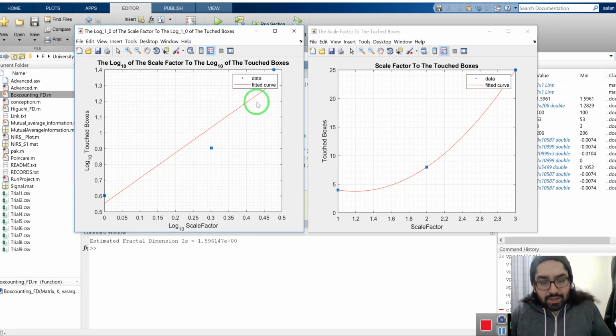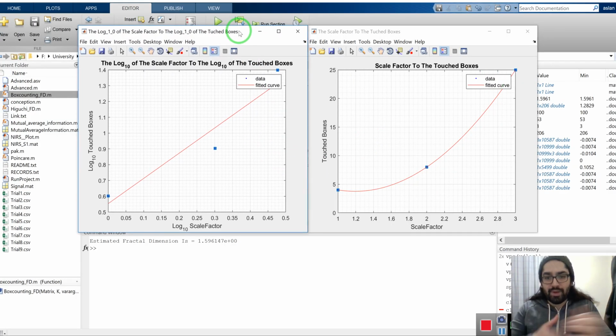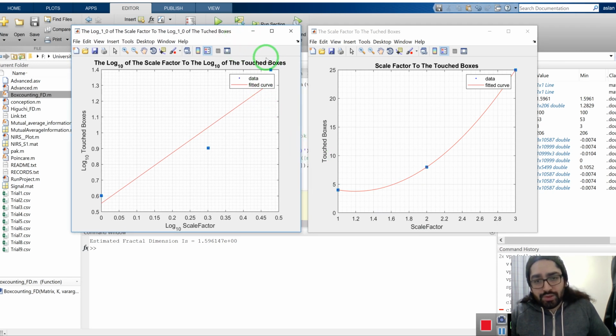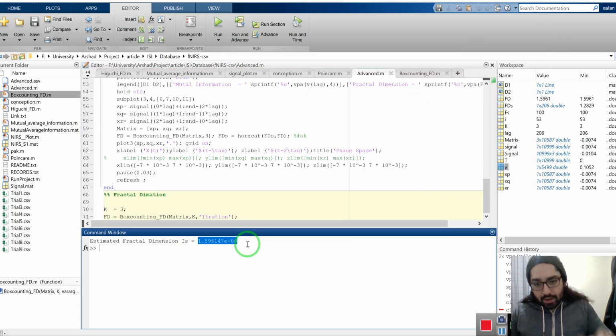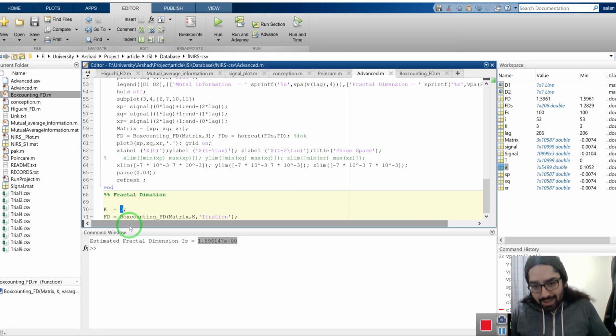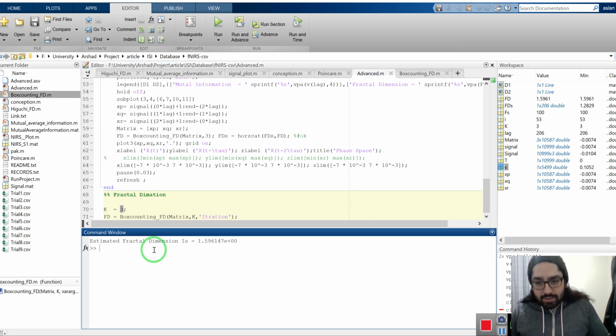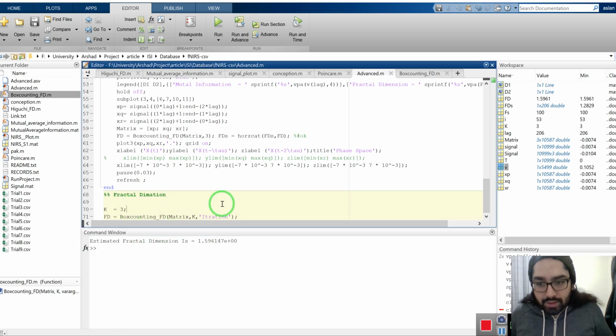It's not easy to see for the bigger curve, and because of the logarithmic ratio, you can shift it into a linear shape, as you can see here, and finally you can easily obtain the fractal dimension of the string. It's not really accurate because of the K. It should be 10 at least, but because of the limitation of time, I just used 3.